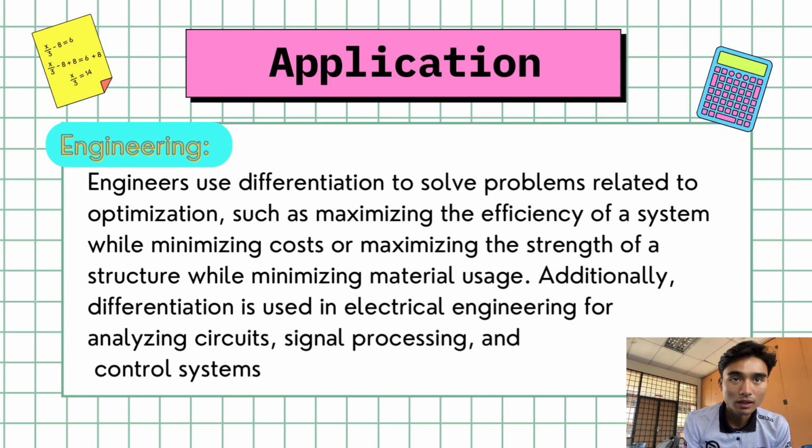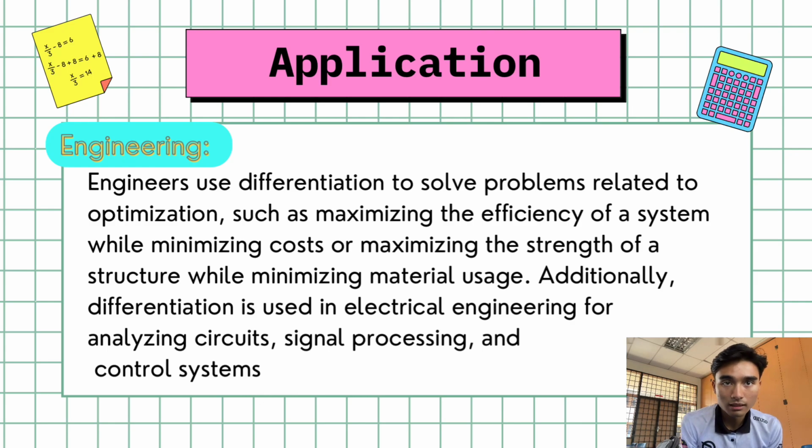The applications we chose are engineering and finance. Engineers use differentiation to solve problems related to optimization, such as maximizing the efficiency of a system while minimizing costs, or maximizing the strength of a structure while minimizing material usage.